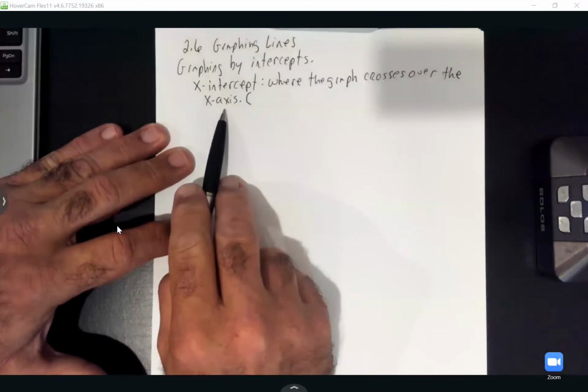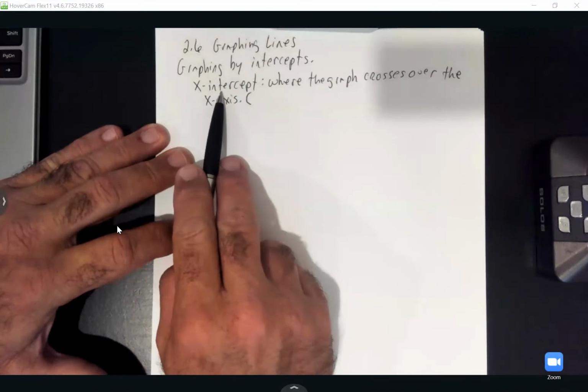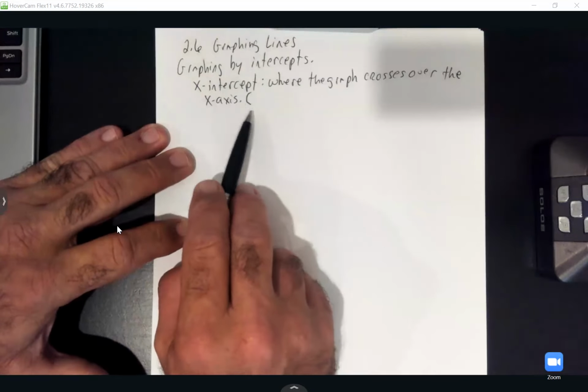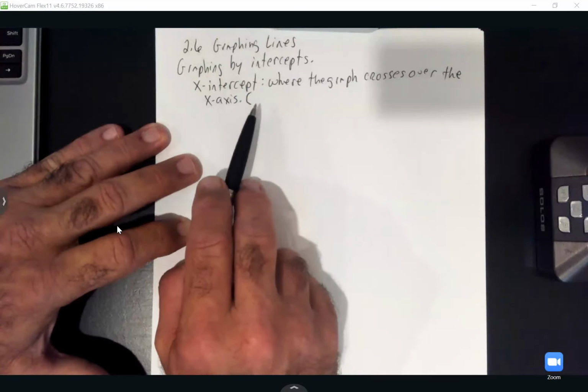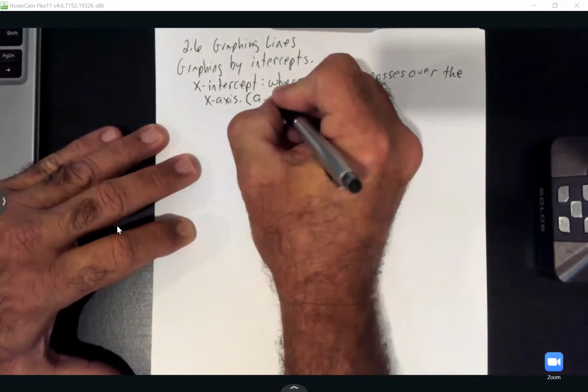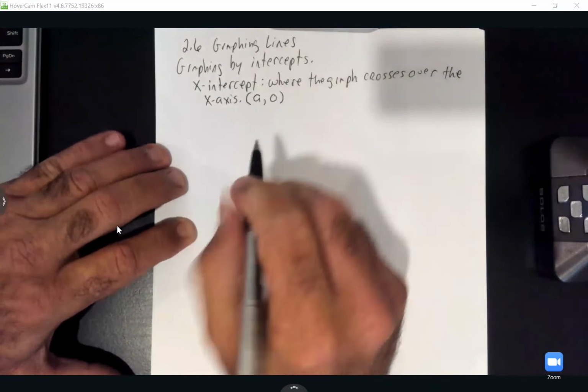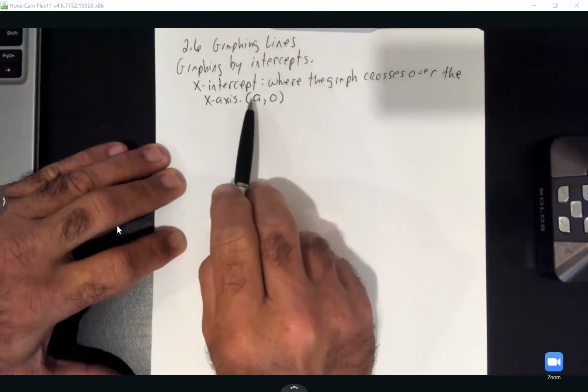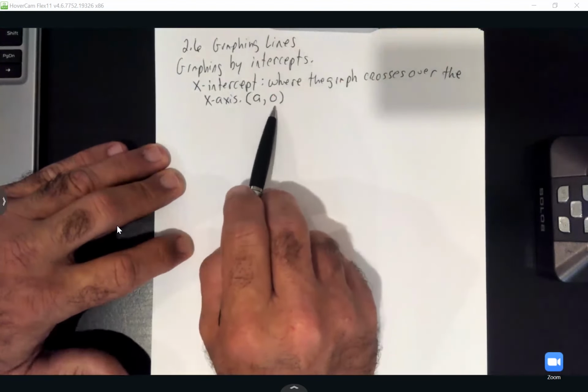Now, since the x-axis is the place where the x-intercept crosses over, that means the y value of the point is 0. So you'll have some number a followed by 0. So remember, the x-intercept has to look like an ordered pair.